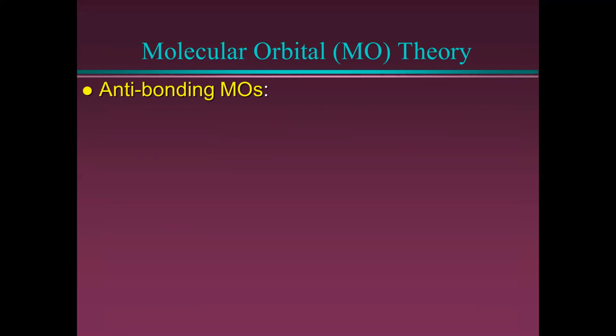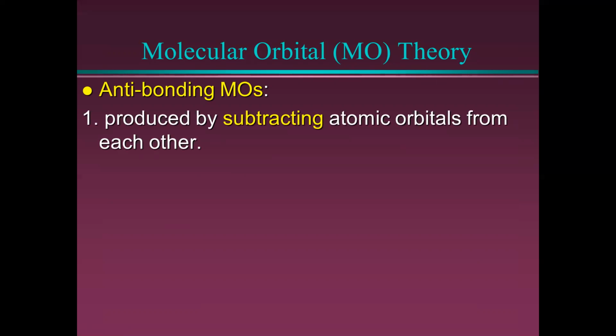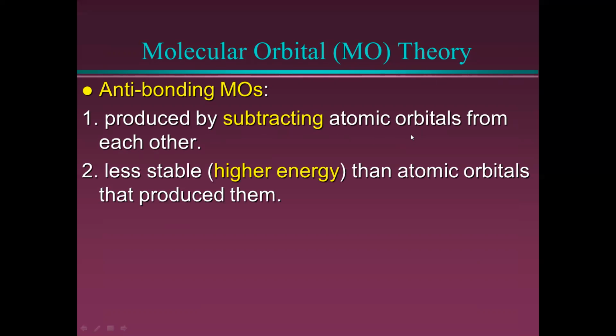So how about the antibonding orbital? Antibonding molecular orbitals are produced by subtracting atomic orbitals from each other. Just like the waves I showed you, the two waves are out of phase and they cancel out each other.